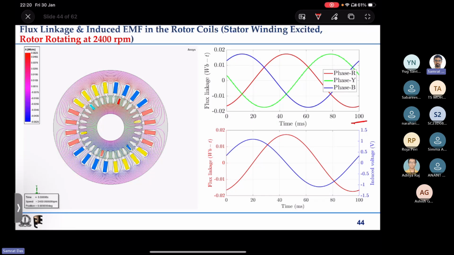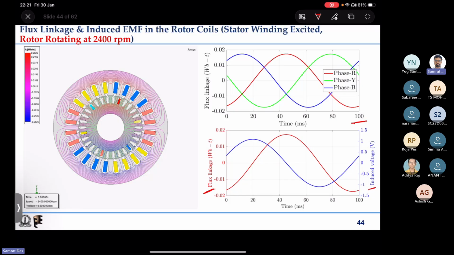The flux linkage waveform is a sinusoid with 10 hertz frequency. If we differentiate the red flux linkage waveform to get the blue induced EMF, it will be of the same frequency but leading by 90 degrees, so we have induced EMF of 10 hertz frequency.